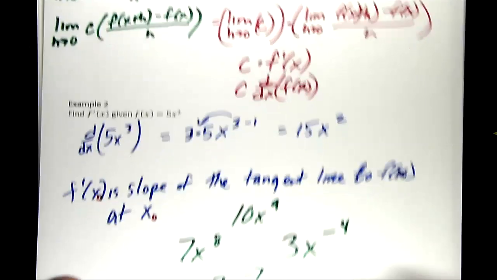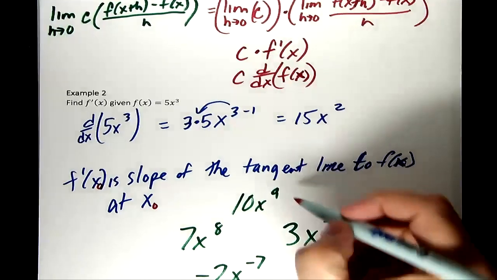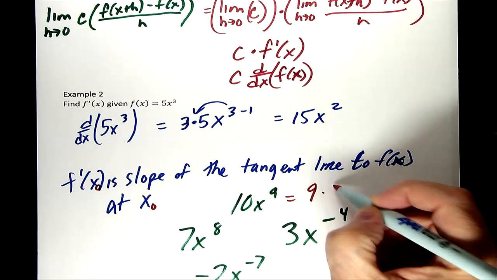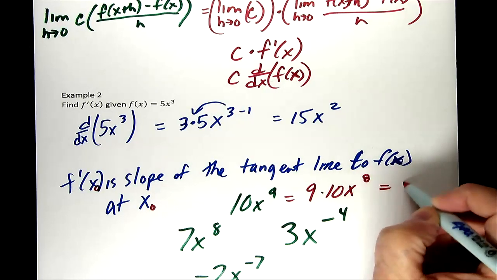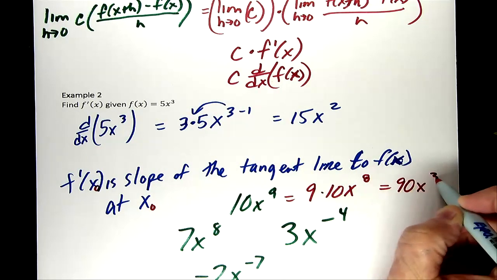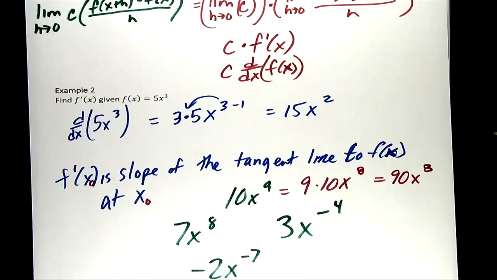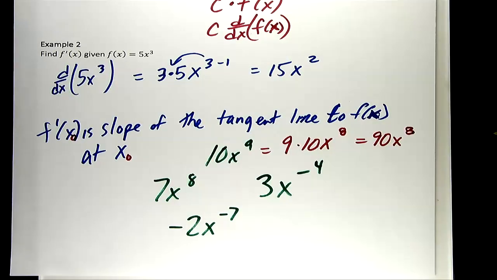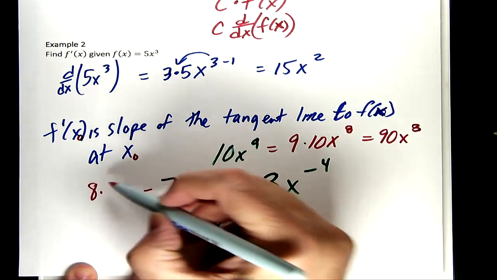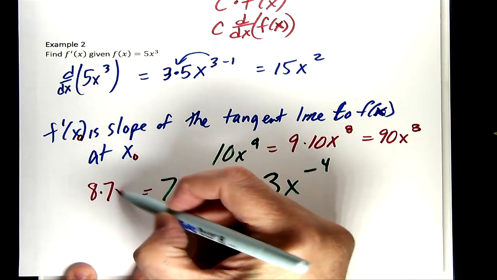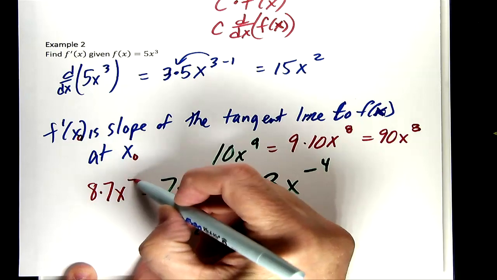All right, so on the 10x to the 9, I can bring the 9 down and lower the power to 8. So this would be 90x to the 8th power. On this one, I can bring the 8 down, and I would have 7, and the exponent drops down to a 7.